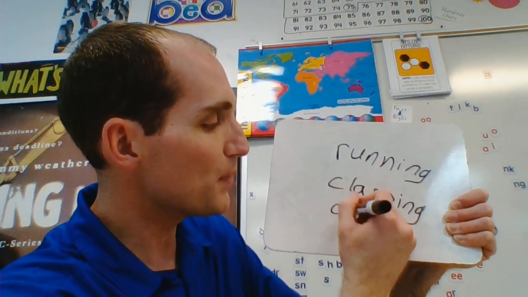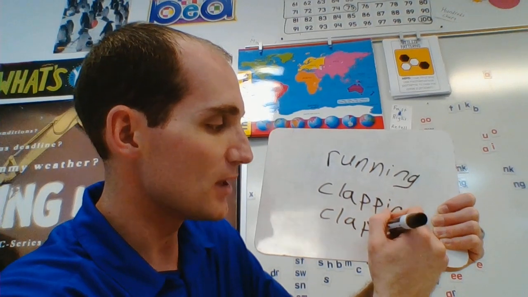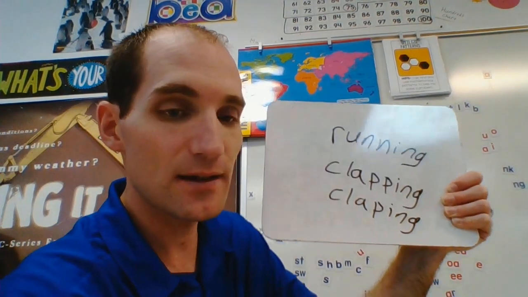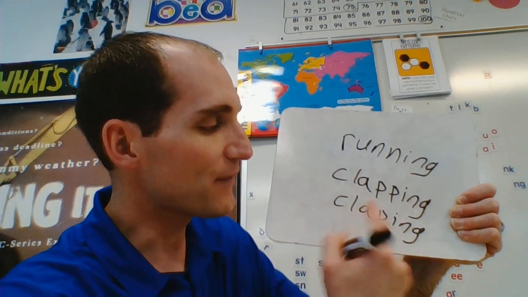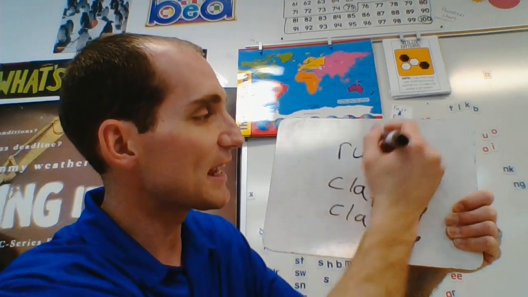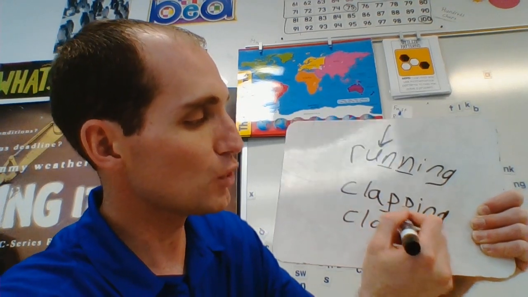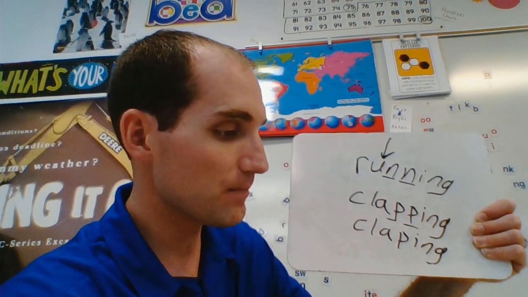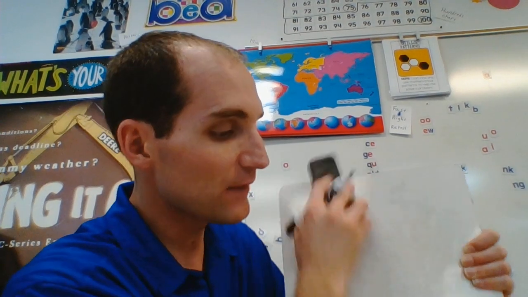That's because if I don't put two P's, it's a made-up word: claping. Claping is not a word. So you have to make sure, if this is saying its short vowel sound, you put two of that letter. Two P's. All right?